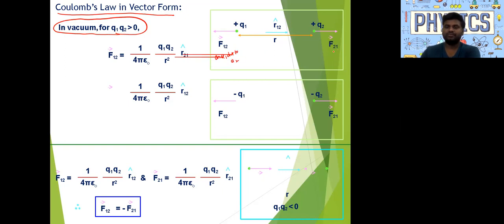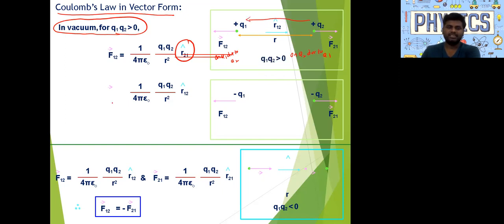Similarly, we'll get F21, the force on Q2 due to Q1. Then we write F12 is equal to 1 by 4 pi epsilon naught Q1 Q2 by R square R21 cap. This gives the direction. R21 means the direction from charge Q2 to charge Q1.